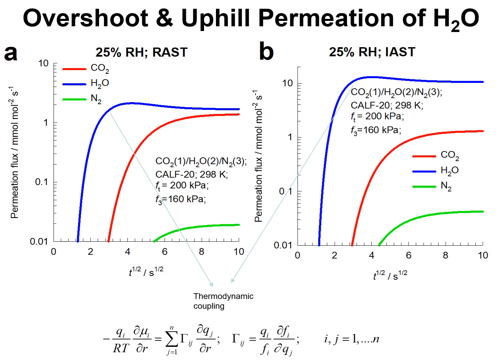I consider first a mixture of carbon dioxide, water vapor, and nitrogen, in which the total pressure in the upstream compartment is 200 kilopascal, and the partial fugacity of nitrogen is 160 kilopascal.